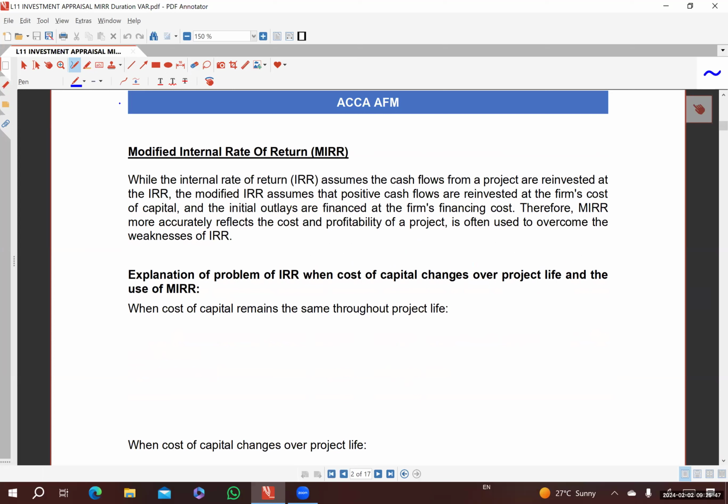When you use IRR for investment appraisal, we compare the IRR with the company's cost of capital.